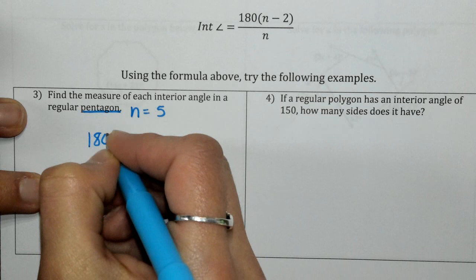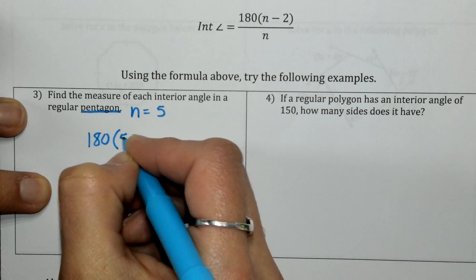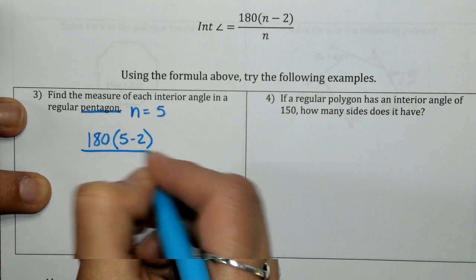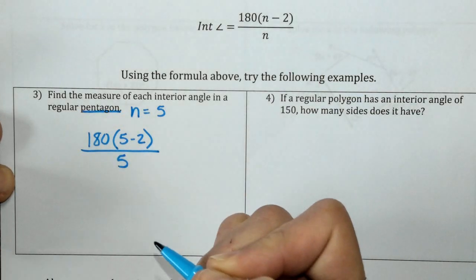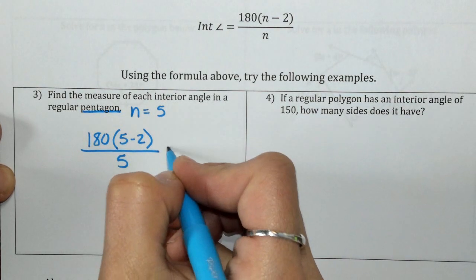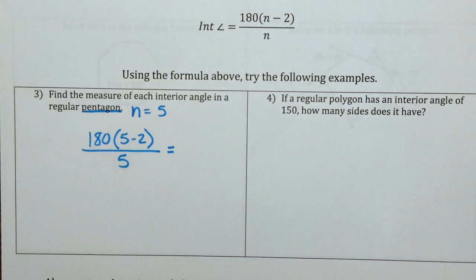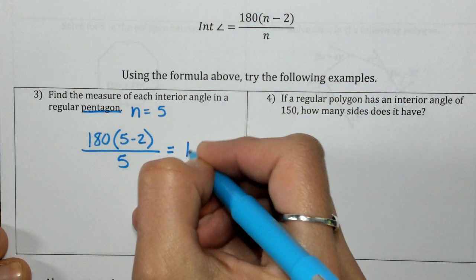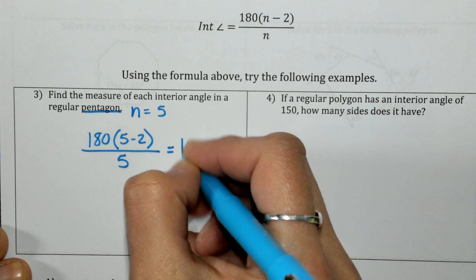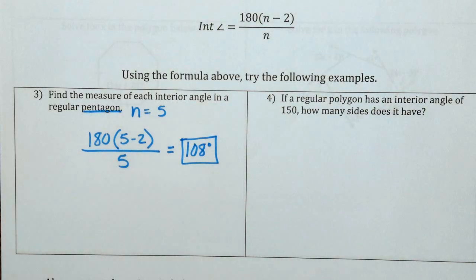Here's 180, n minus 2, so 5 minus 2, all over that same 5. When we plug this all into the calculator, you can do it all at once if you'd like. I know at our school we've got a control divide function that gives us a fraction. We could type all this in. We're going to find out that each interior angle is going to be 108 degrees. Again, this is a regular polygon because all angles are congruent.